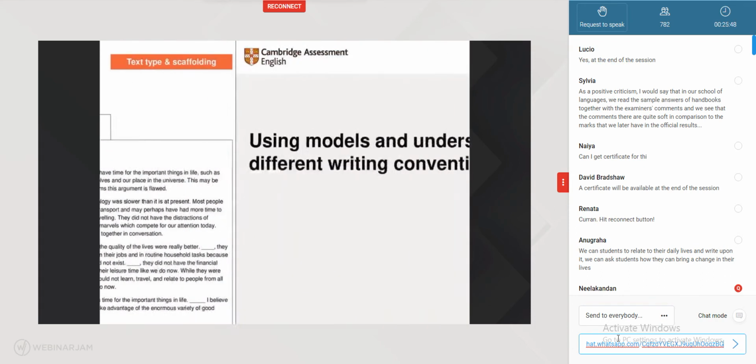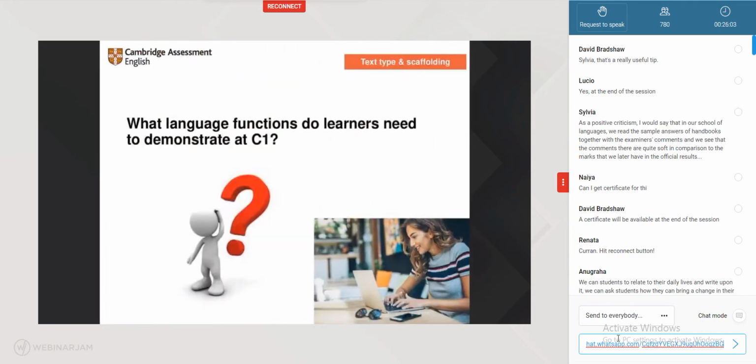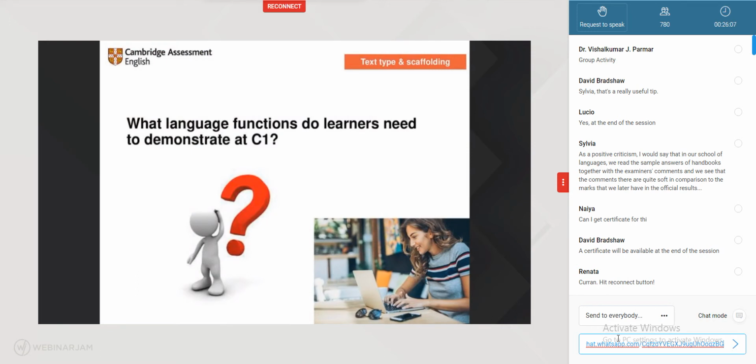Okay. So as I said, using models, ideal, perfect, faultless texts definitely helps them understand different writing conventions, and helps them understand the different language functions that are required of them. What language functions do learners need to demonstrate at C1?